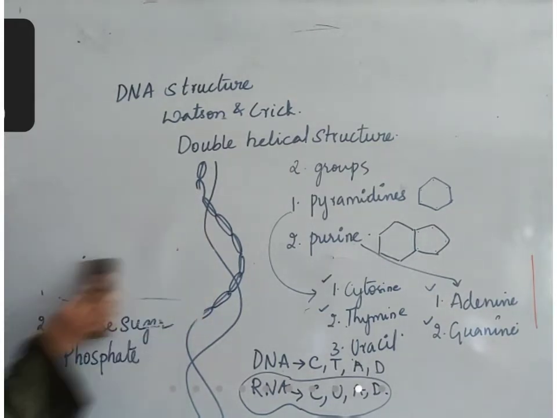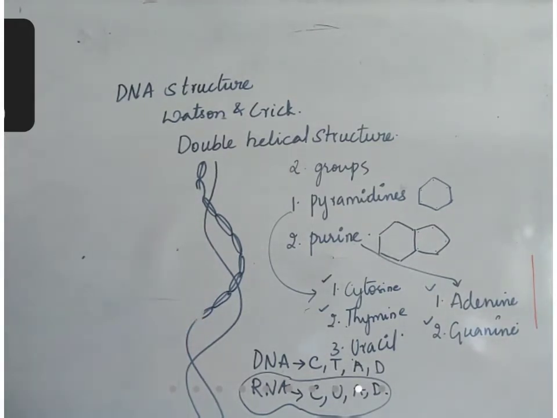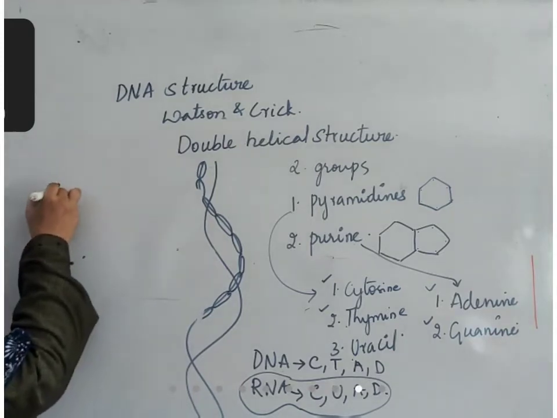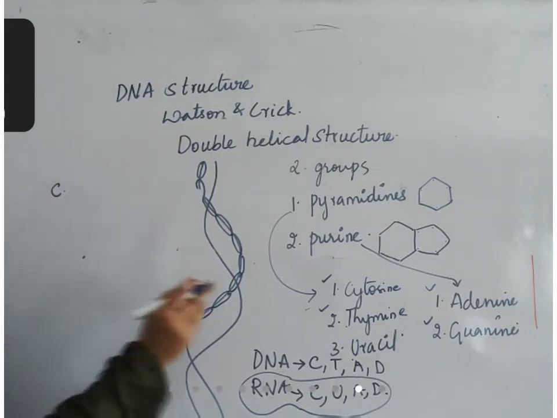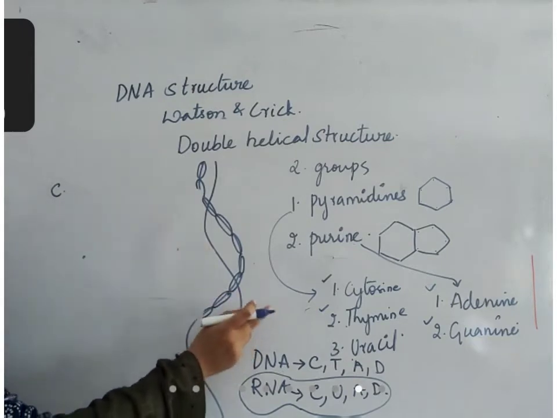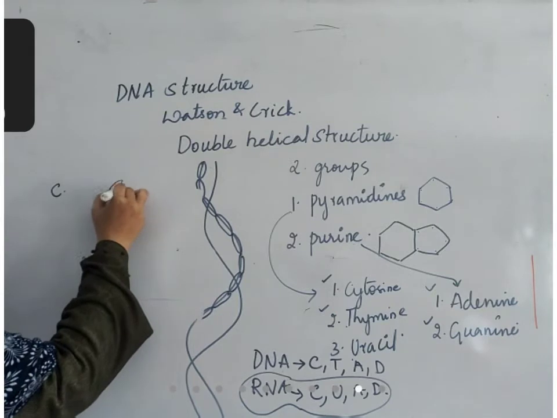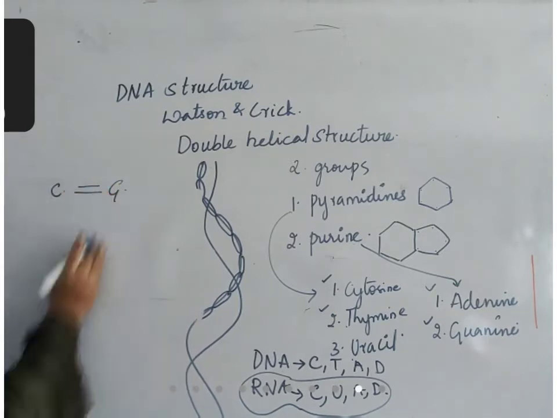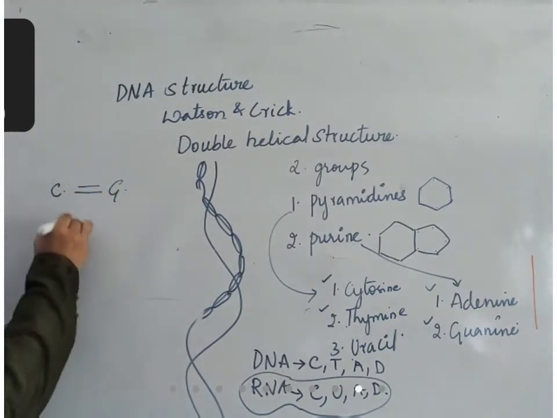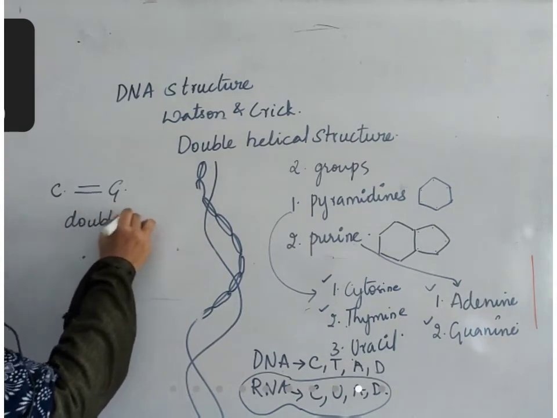Among these nitrogen bases, one more thing that you need to understand is that if one strand has cytosine, the second strand has, opposite to that, guanine. They are connected by double bonds.